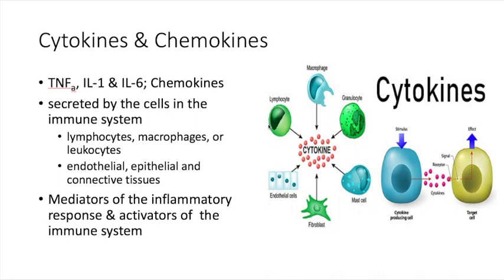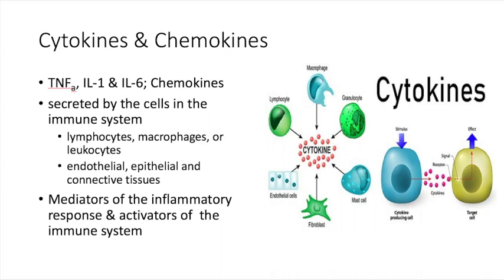Both TNF and IL-1 act on the endothelium, and they are going to result in endothelial activation. They are secreted by multiple cells within the immune system, such as lymphocytes, macrophages, and leukocytes, and also expressed by endothelium, epithelium, and connective tissue. So tumor necrosis factor and interleukin 1 are high yield for leukocyte recruitment to areas.